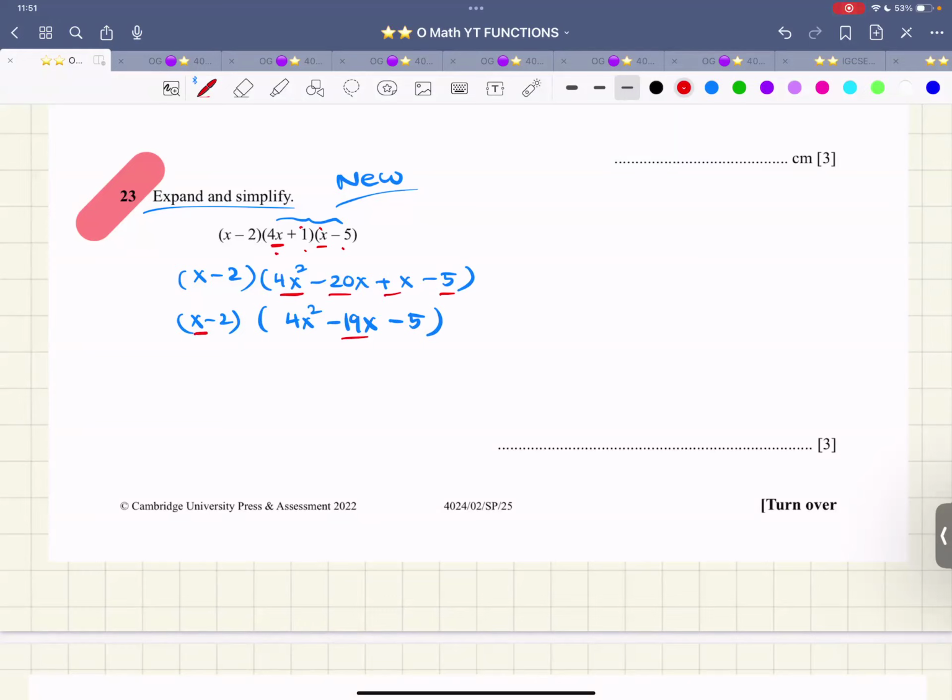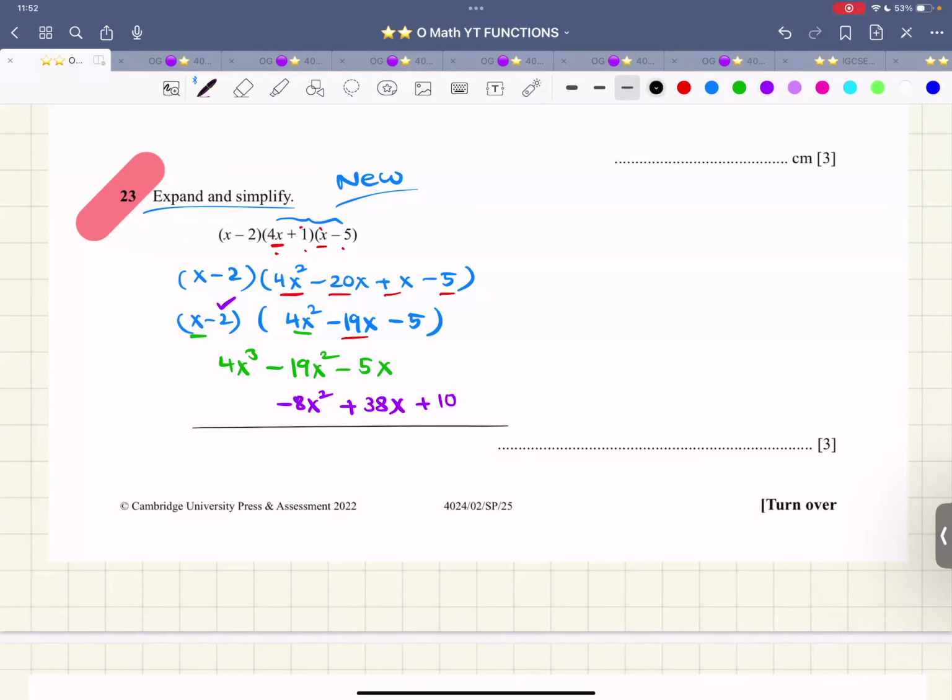Now multiply it out. X into, let me choose another color. X into 4x square, that is 4x cube. X into negative 19x, negative 19x square. X into negative 5, negative 5x. Underneath it, I'll multiply with negative 2, that is negative 8x square. That is positive 38x, and that is positive 10.